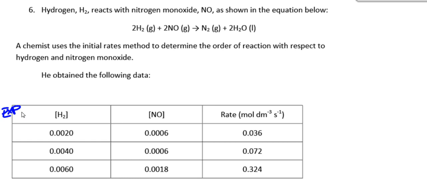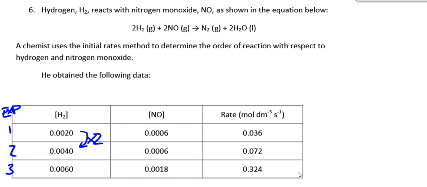We've got experiments 1, 2, and 3. Looking across, NO is constant in experiments 1 and 2, so we can work out easily the order with respect to hydrogen. Again, don't trust me, work it out for yourself, but that looks like it's times by 2.